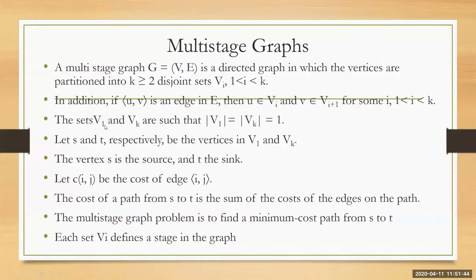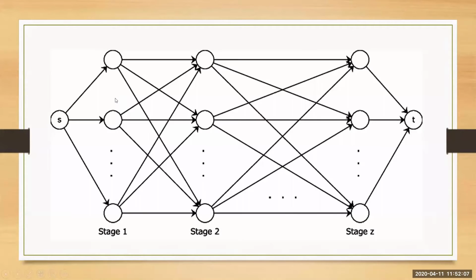The sets V1 and Vk: V1 is the first set where only the source is present, and Vk is the set where only the destination is present. They are such that the cardinality of V1 and the cardinality of Vk is equal to 1. So there can be only one vertex in the starting stage and the ending stage. That is one rule.